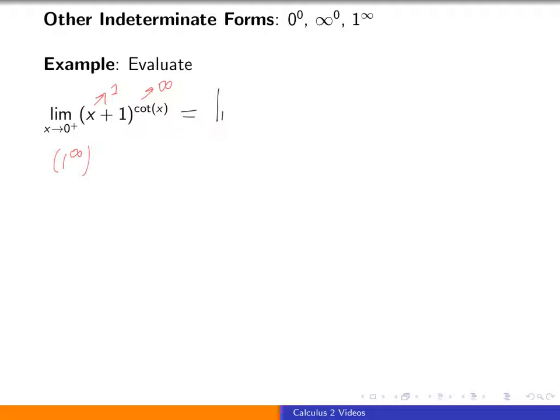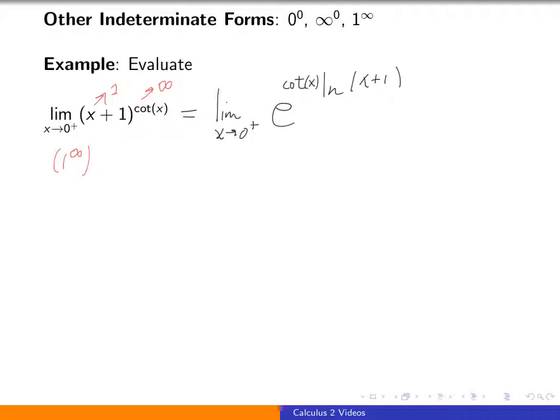So this becomes the limit as x approaches 0 from the right, and we'll have e raised to the natural log of that function, x plus 1 to the cotangent. But recall that if you have a power inside a natural log, it comes out front of the natural log.